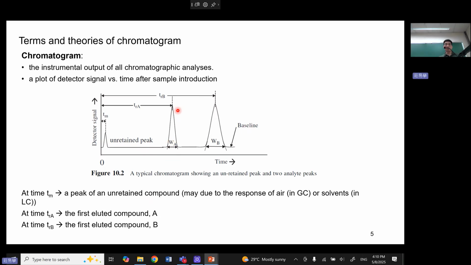At time Ta, that's the first compound A, and Tb is compound B. The reason why I bring it up here is because there are some theories for chromatography.